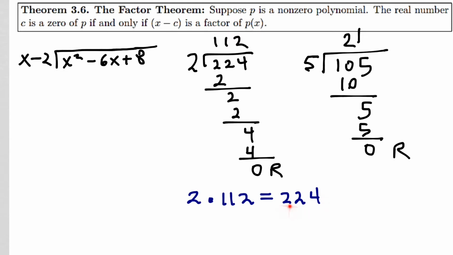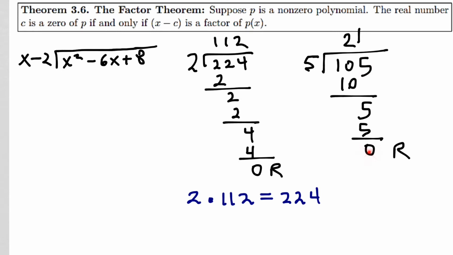So we know that vocabulary word from all of our other math courses. When two things multiply together to give you a number exactly, then these are called factors of this number. And same thing over here. 5 times 21 gives you 105.